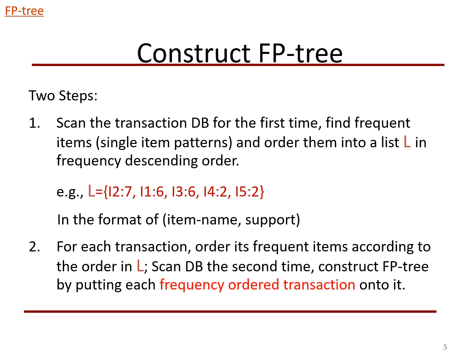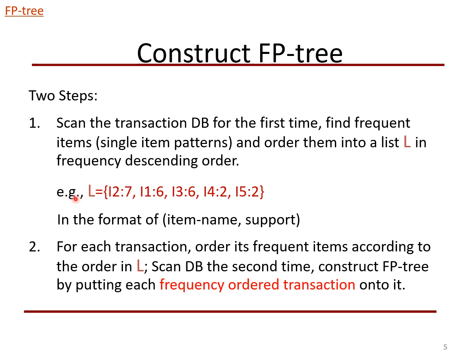The first step is to scan the whole transaction set for the first time, and then we generate a list that consists of all the items that exist in the transaction set along with how many times they appeared. So these are the items in the data set along with their frequency. So here the presentation I2 7 means that the item I2 appeared 7 times.